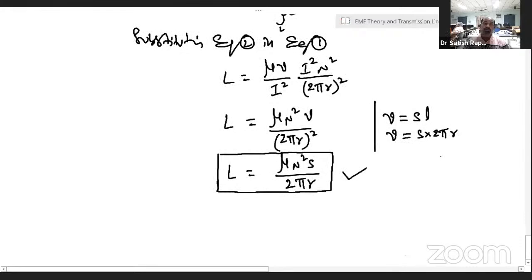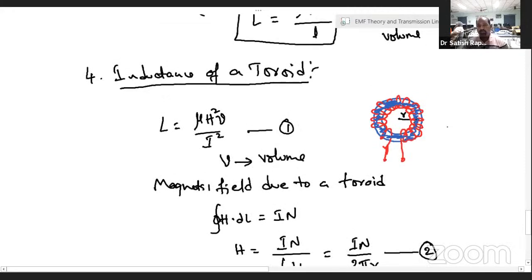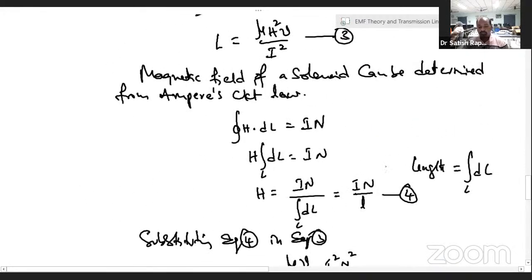So this is how we can derive or find out the inductance of different types of inductors, right? So let me wind up this class as the time is already 10. So just a minute.